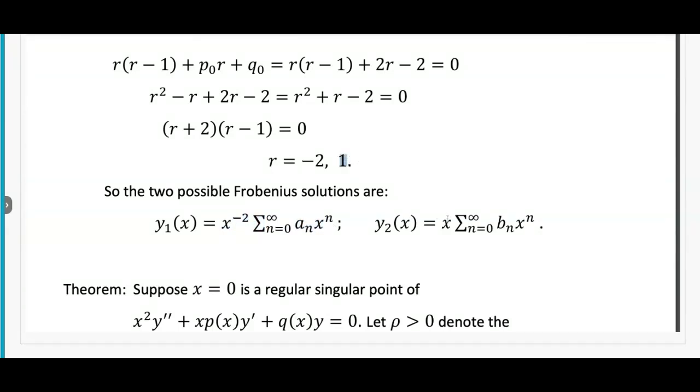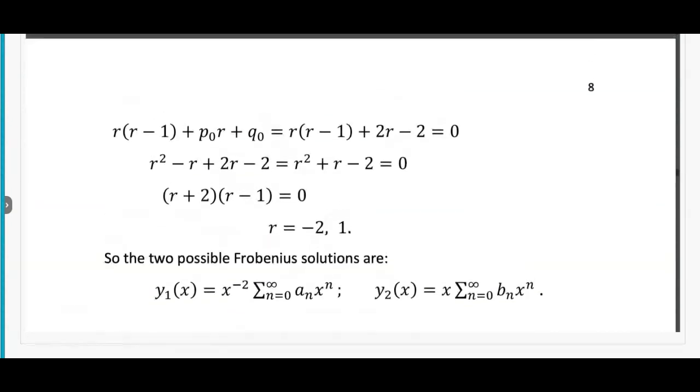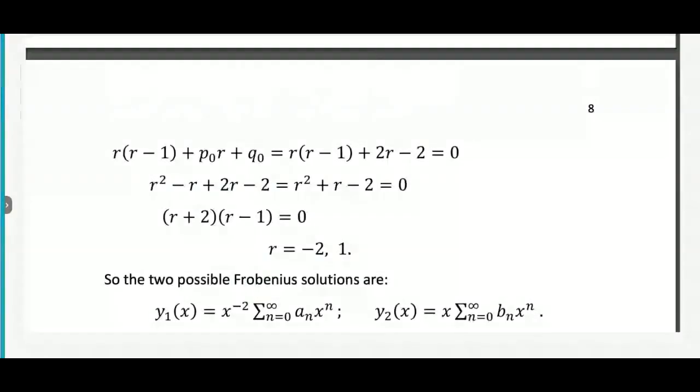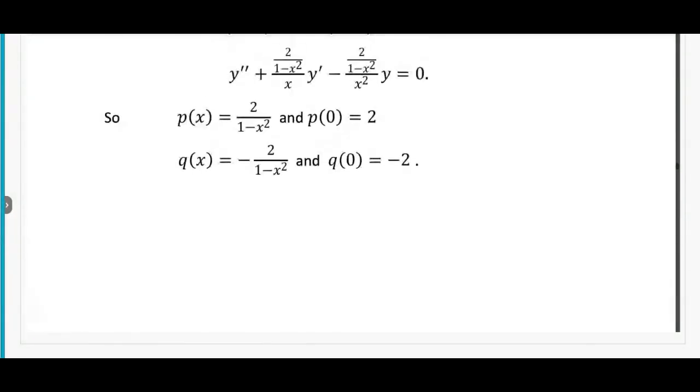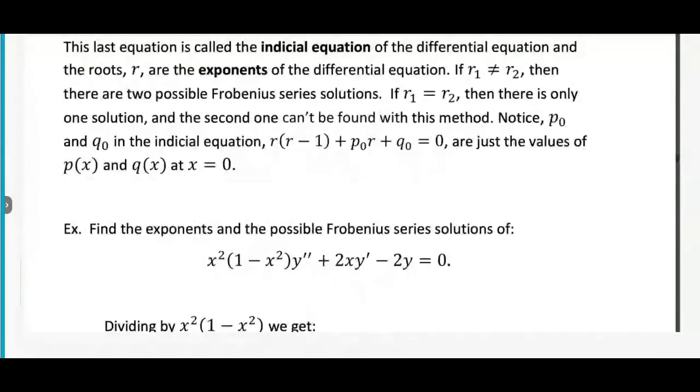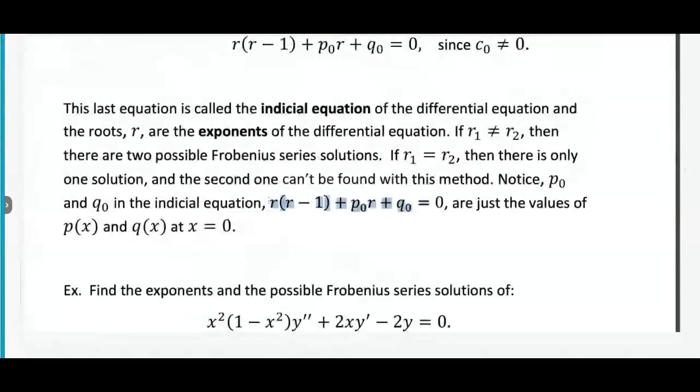For R equals 1, this is x raised to 1 times our power series. Does anyone have any questions? So we're learning a new method called the Frobenius method, using this initial equation.